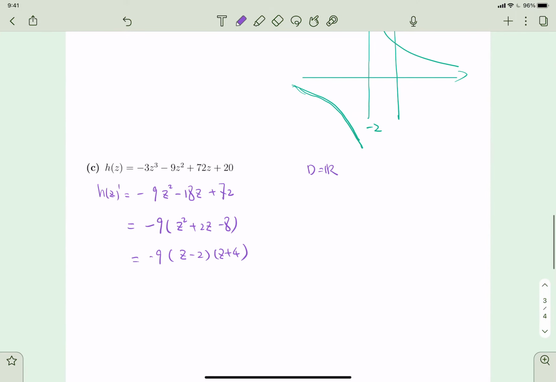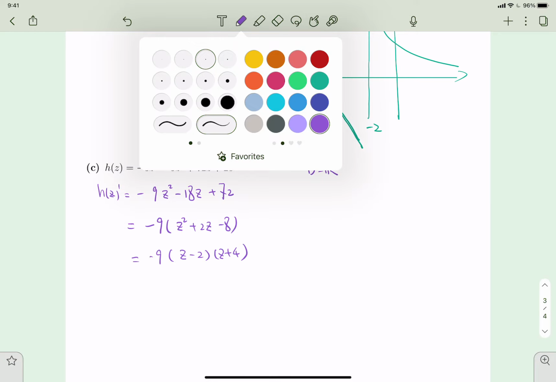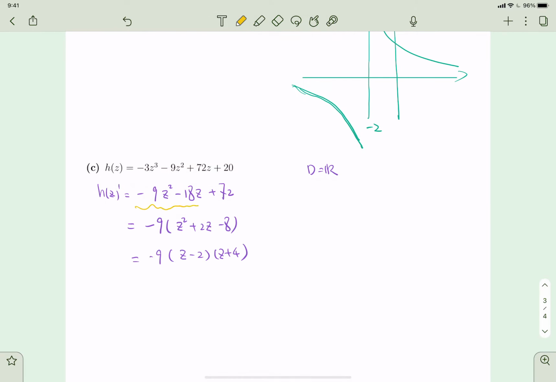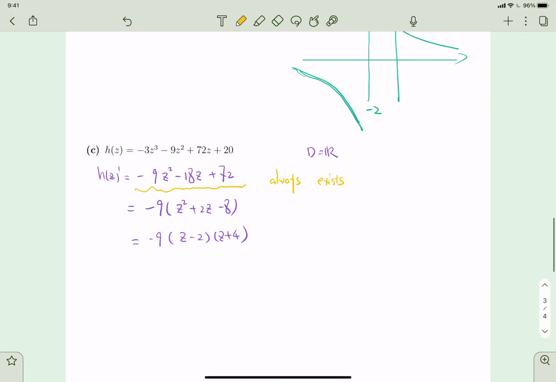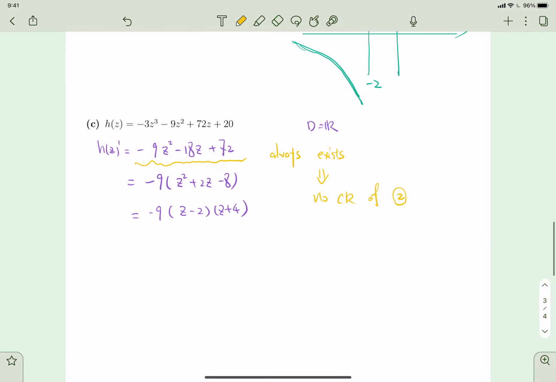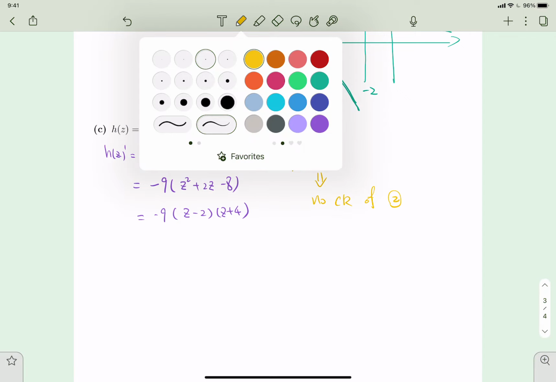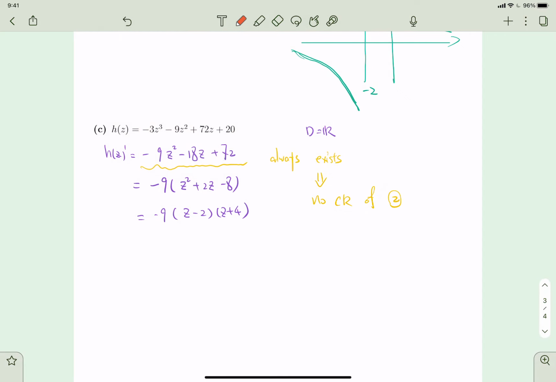Right? And because this is a polynomial function, this derivative always exists. And as before, this implies that there's no critical number of the second type. Okay, so we can only look for critical numbers of the first type. So we'll let this h prime of z equal to 0, the derivative.